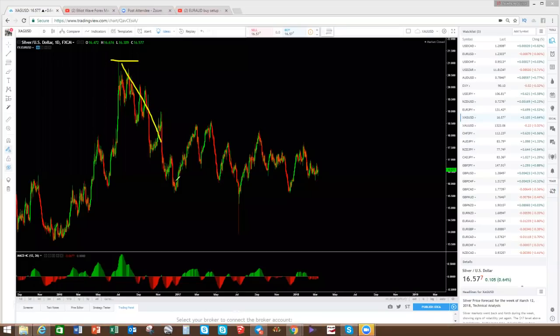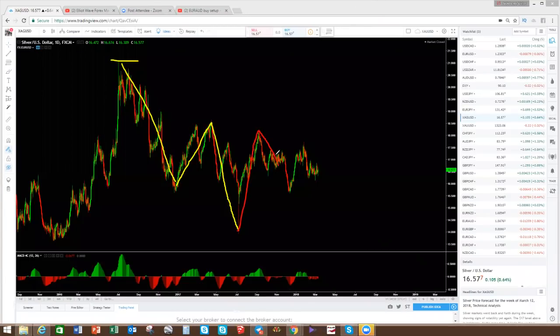You get a 1, 2, 3 wave pullback, and now you are getting this 1, 2. This one has not completed yet, so you may get here this one doing that. You're getting a correction now here. So while gold is correcting to the downside, you may get silver coming down here and possibly going back up there.